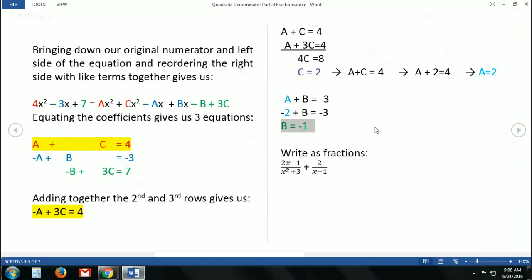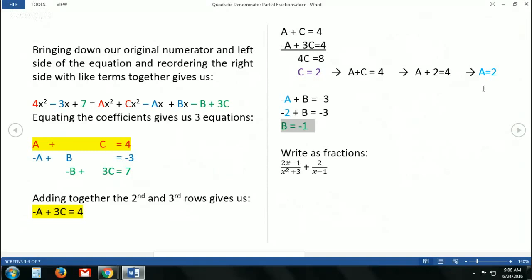But now our problem was that we needed to write this as a fraction, the sum of 2 fractions. Remember that x squared plus 3, our first denominator, had ax plus b over the top of it.